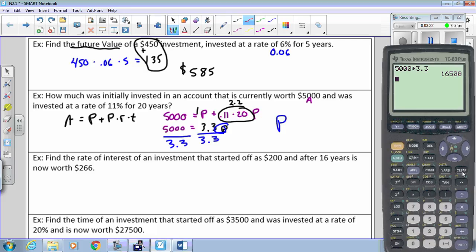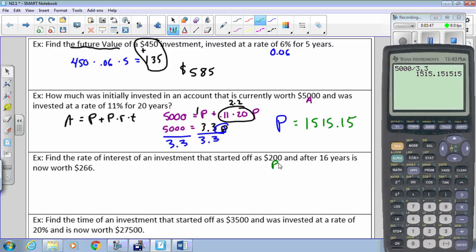Oh, I multiplied, I have to divide, so 5,000 divided by 33/10. That makes more sense. Roughly $1,515.15. There you go.